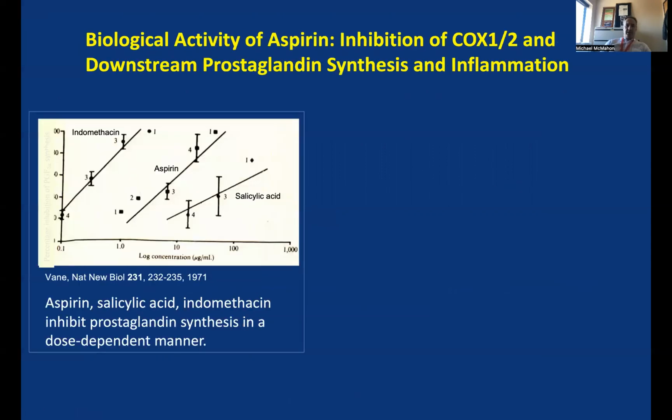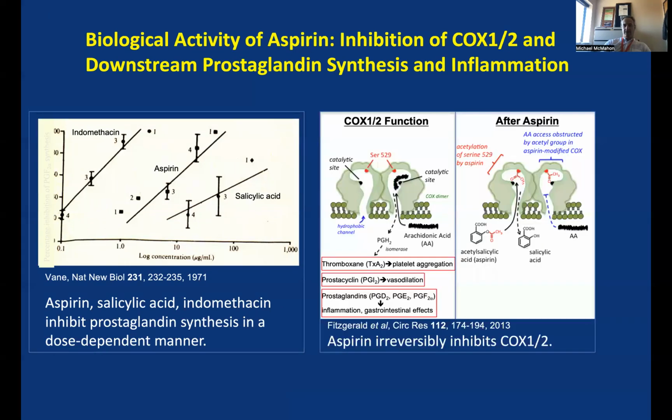And so you can see that aspirin is a moderate inhibitor of COX-1 and COX-2, which results in an impact on prostaglandin synthesis and inflammation through this activity.